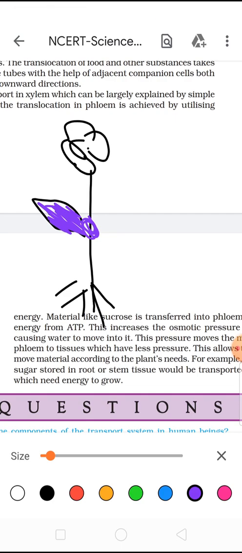Now what is happening is during spring the flowers grow. Okay, this we know. During spring the flower number increases and they grow very fast. So the energy requirement or the food requirement in the bud will be more.